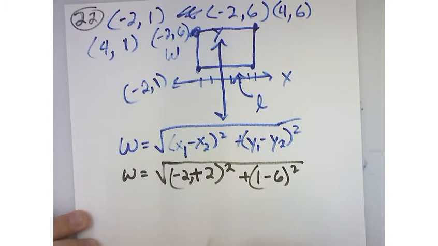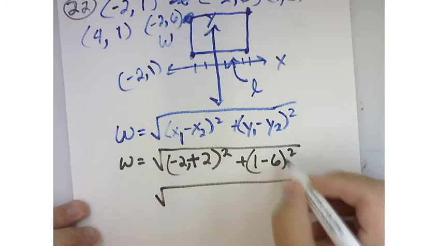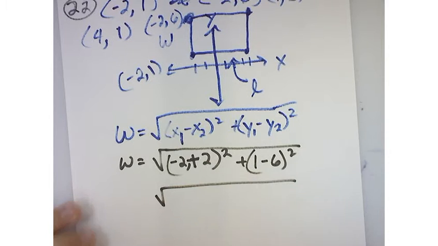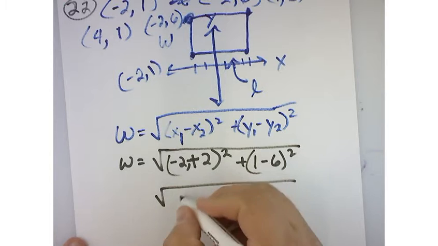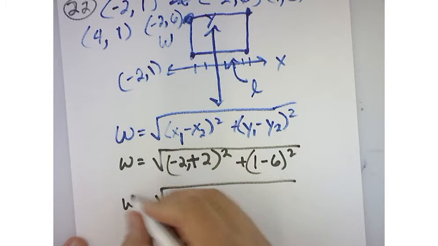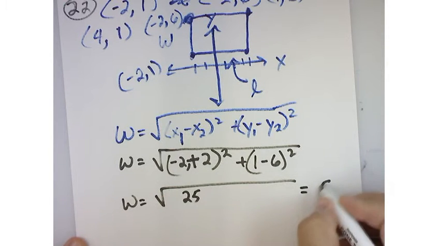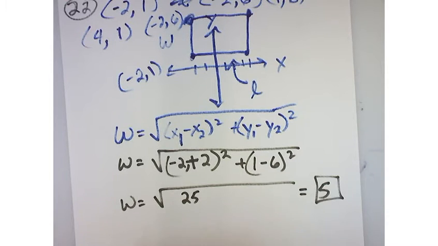Okay, and so this becomes 0, and what's 1 minus 6? -5. What's -5 squared? 25. So what would that length be? 5, just like we said, right? So this length here is 5.